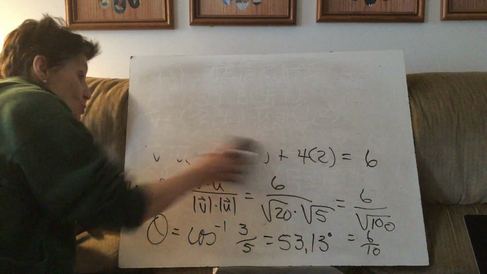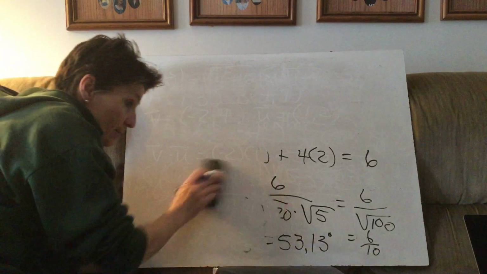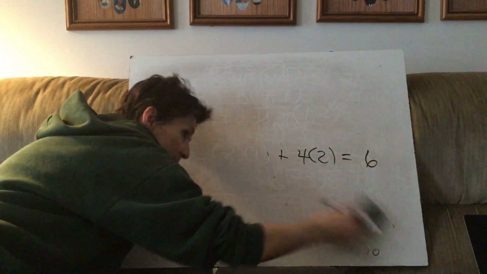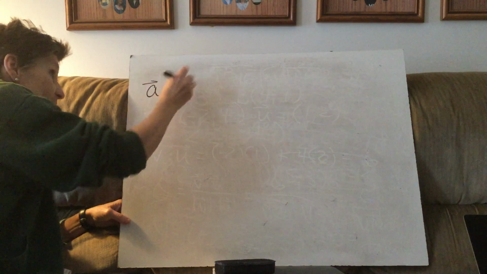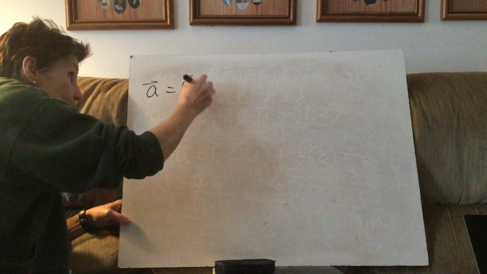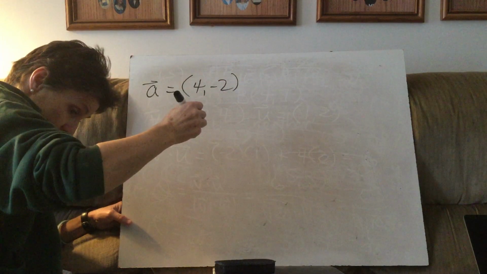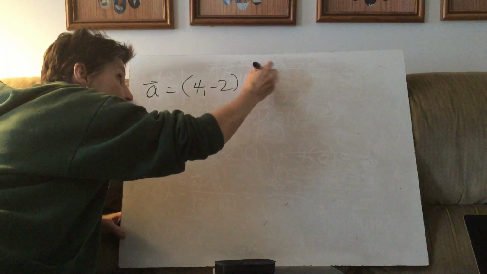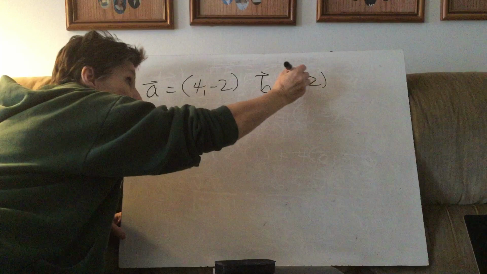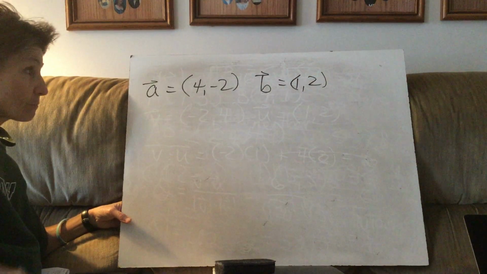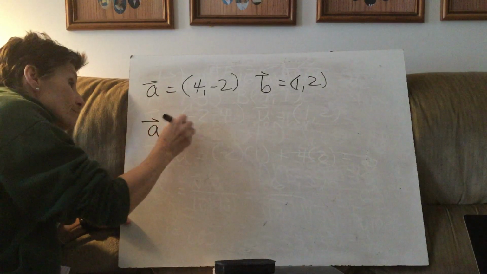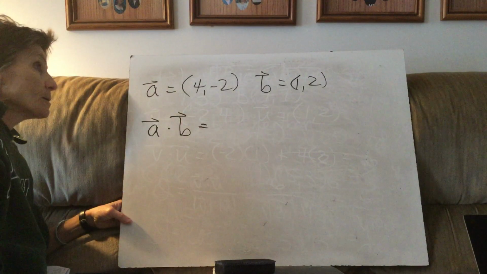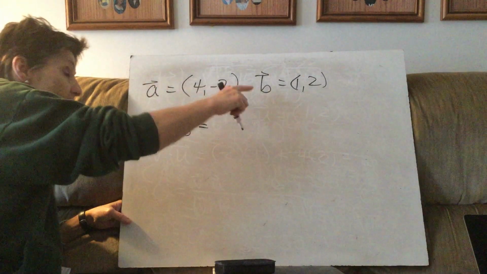All right, we're going to practice one more of those because there's another one there. Same exact question, but different vectors. So this time our vectors are 4, -2, and 1, 2. And we're going to find the dot product. So again, we take x times x.